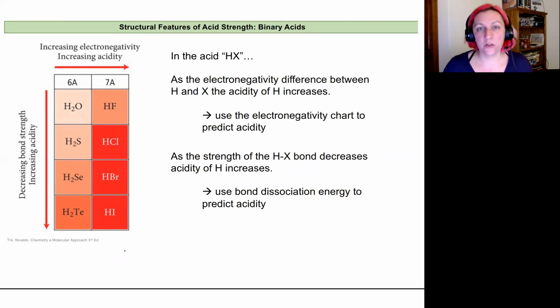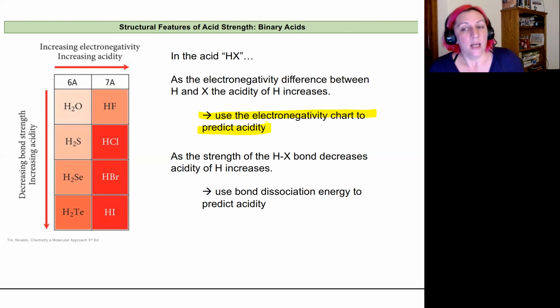And so the things that we're going to use and weigh and balance. And again, this is one of those gray areas where is it more important to look at electronegativity or bond dissociation energy? It's like, well, it kind of depends how electronegative it is and how weak that bond is. So we're going to use the electronegativity chart to compare electronegativities to see which one is greater. And the greater electronegativity element bonded to the hydrogen will be more acidic.